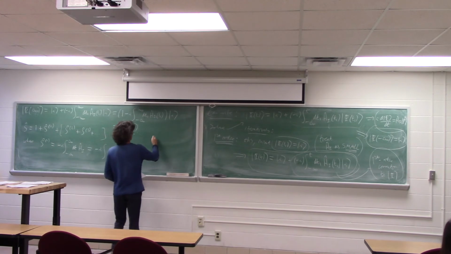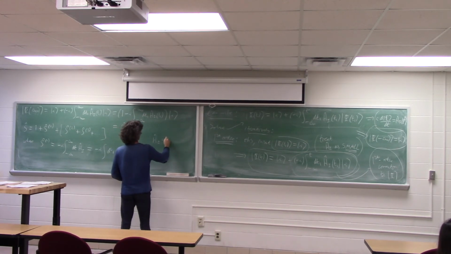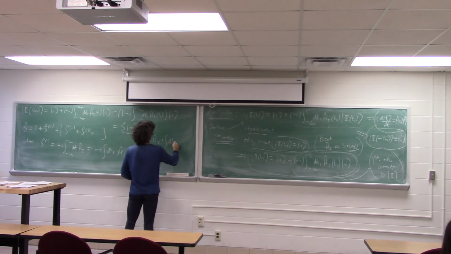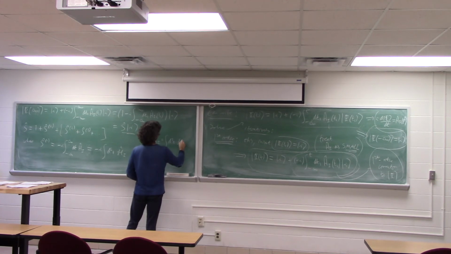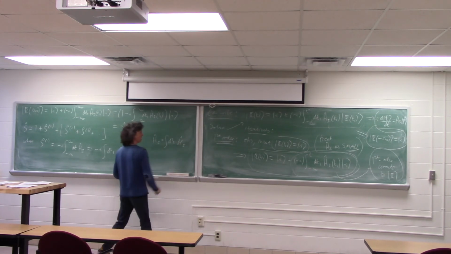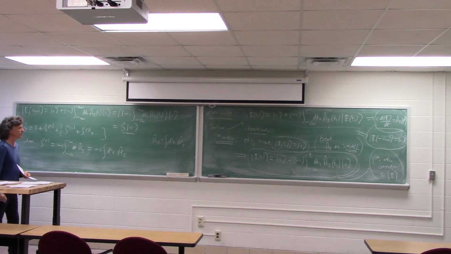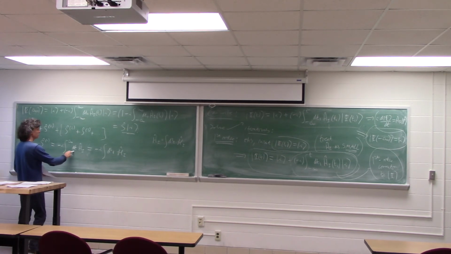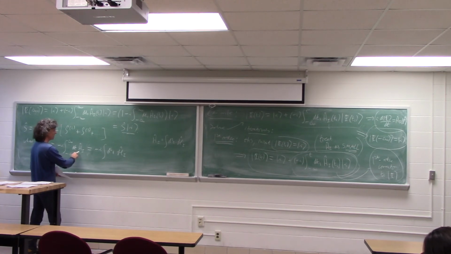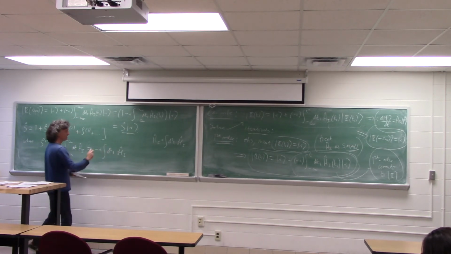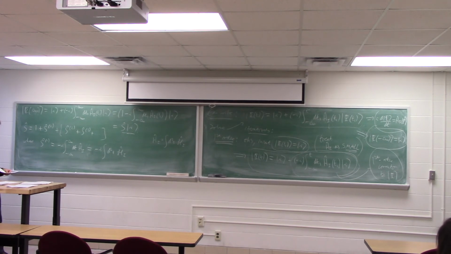I've just put that the interaction Hamiltonian is the integral over all space of the interaction Hamiltonian density. So my time integral becomes an integral over time with an integral over space. In other words, I have an integral over space-time.